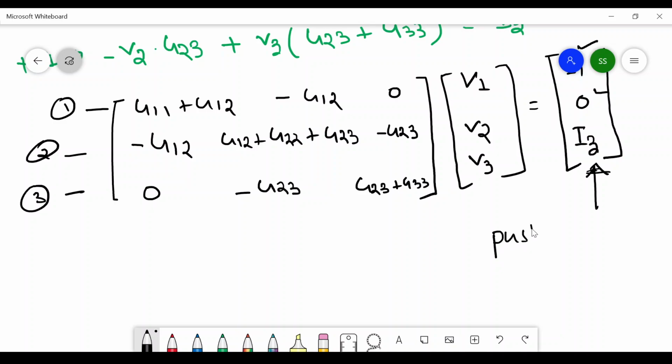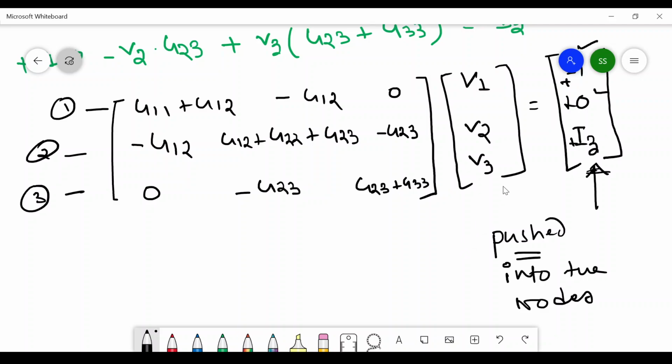Important, pushed into the nodes. So why am I saying pushed into the nodes? Here the positive sign is for the current which is pushing into the node.